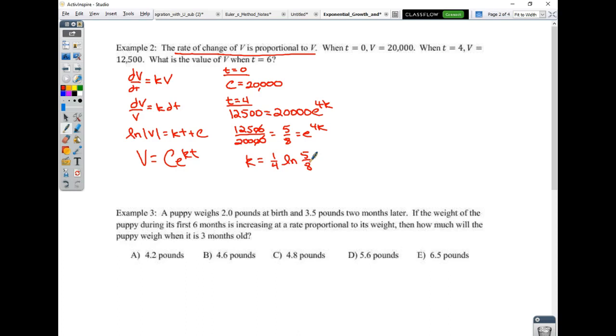K is supposed to be what type of a number? That doesn't look like a negative. I don't see a negative in that at all. Is it? 1/4 of the natural log of 5/8. I want a negative value out of that.